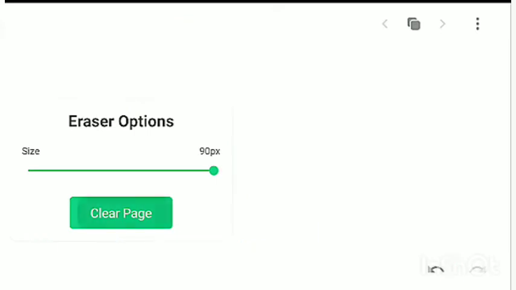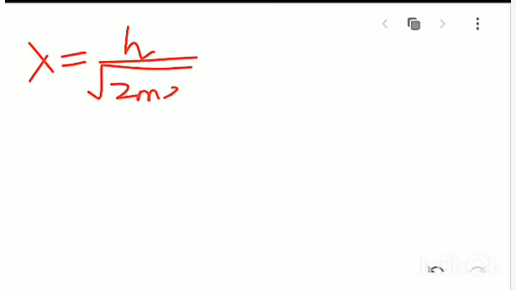And if we put the values of the other things, we know that lambda equals h by root 2meV.